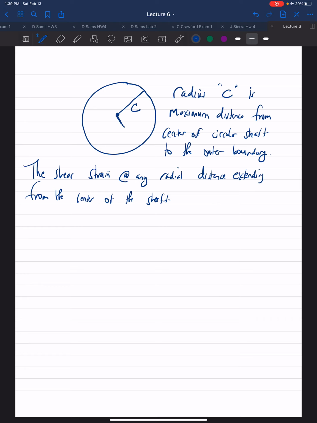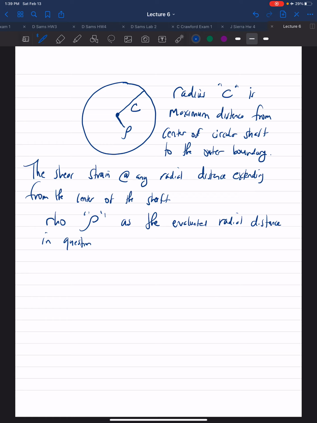So we'll define the term rho as the evaluated radial distance in question.